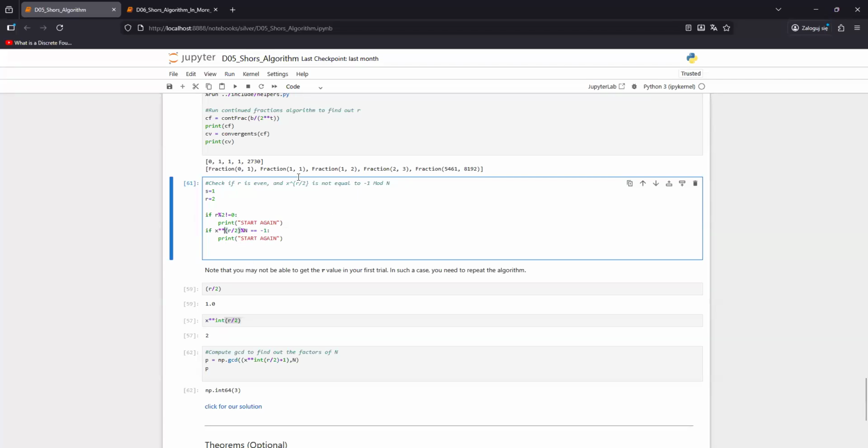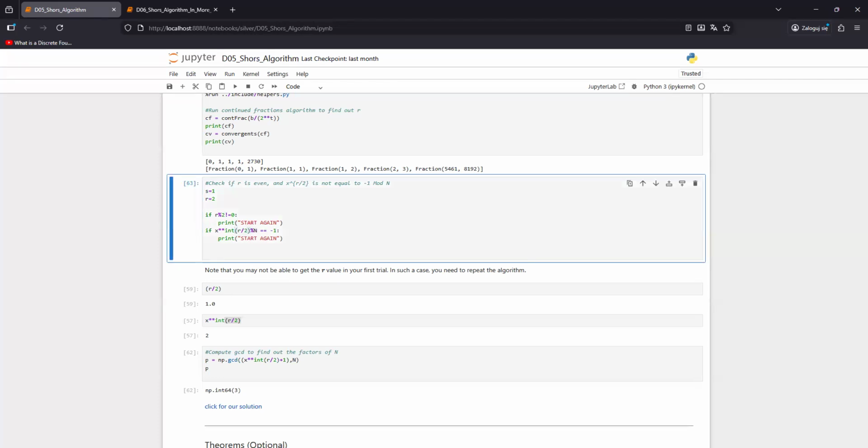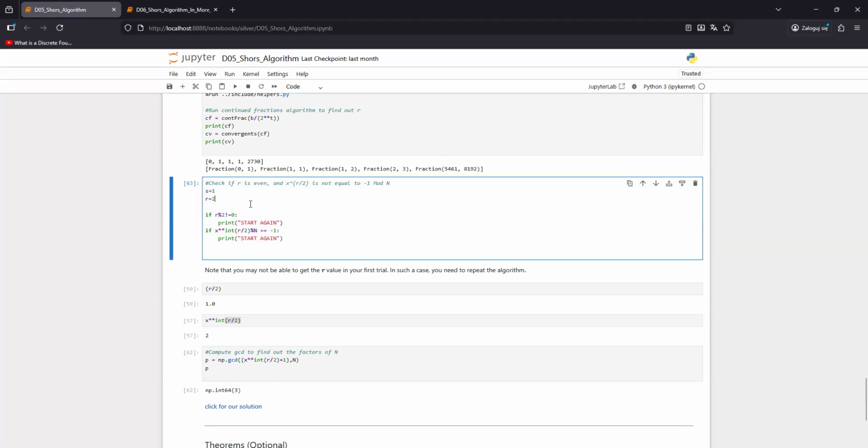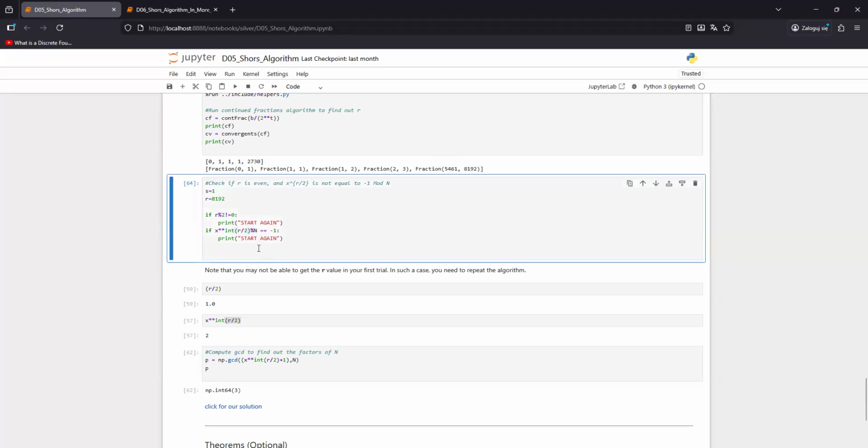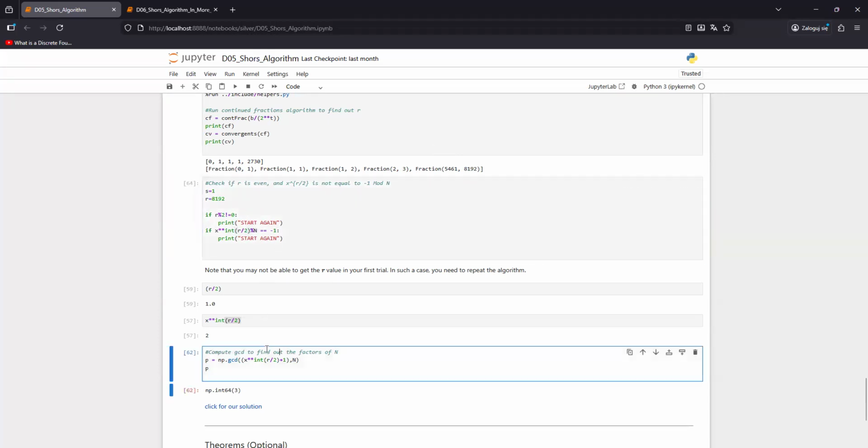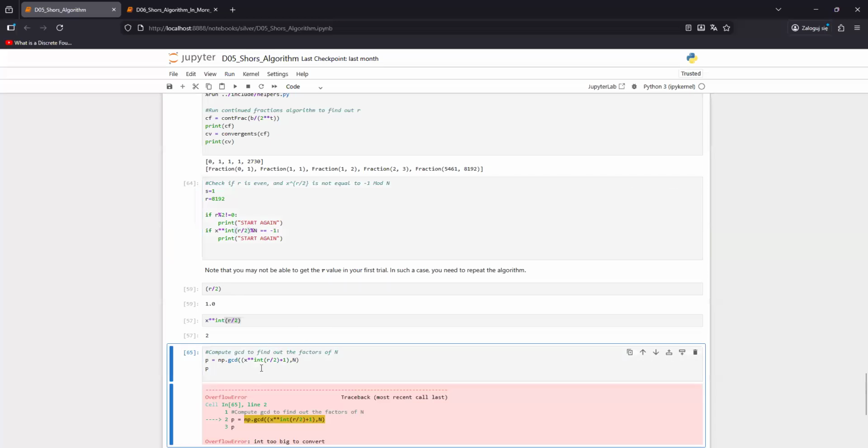Or maybe if I put int there. Oh, okay, because I have a number here, okay. Should it work? It does not work, okay.